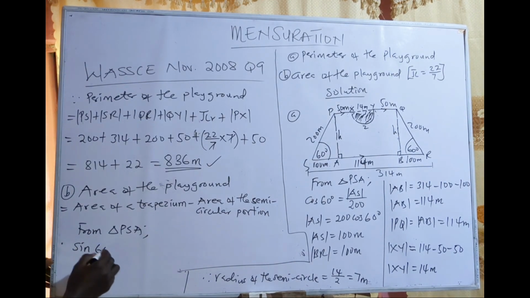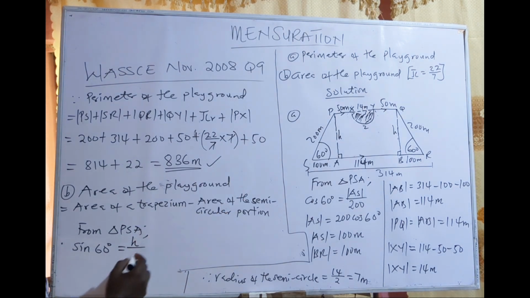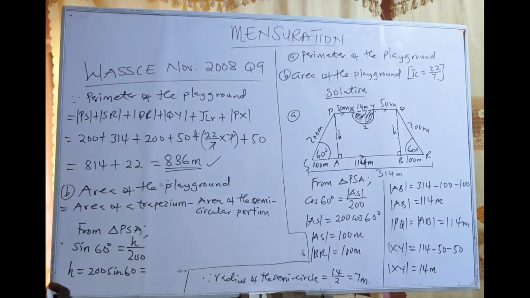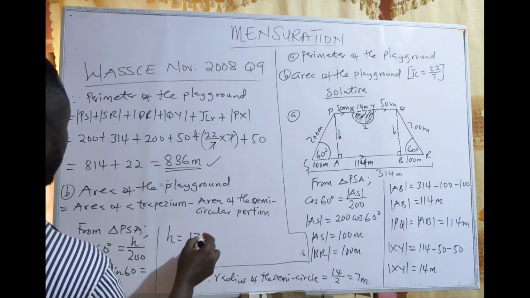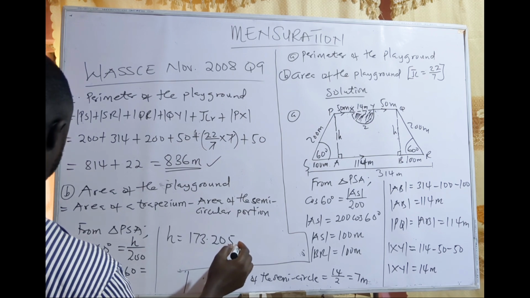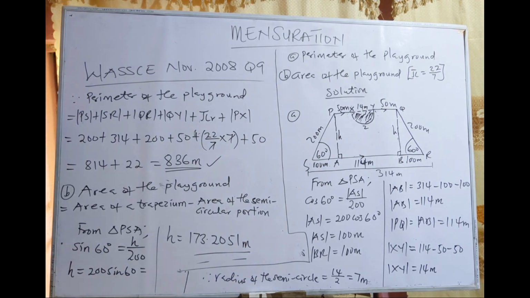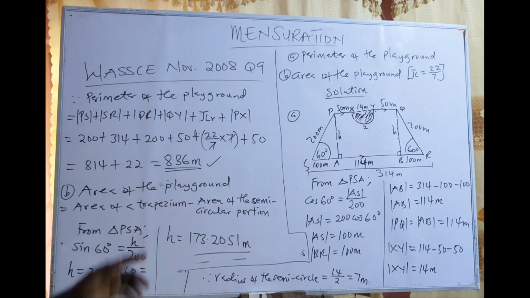Sine 60 degrees is equal to opposite, the h, over the hypotenuse, 200. So my height is going to be 200 sine 60, and that will give us 173.2051 meters. So this is the height of the trapezium. So we have gotten the height.